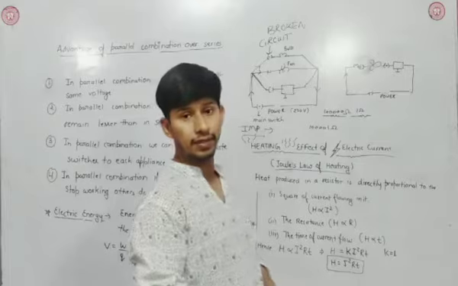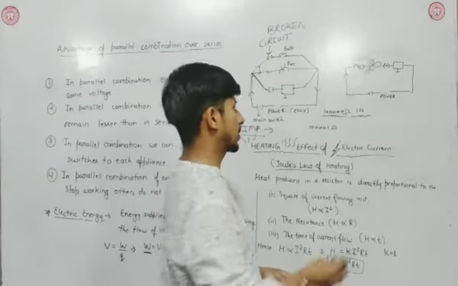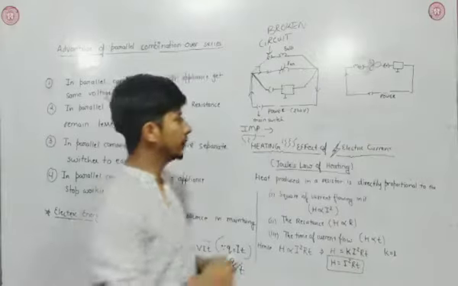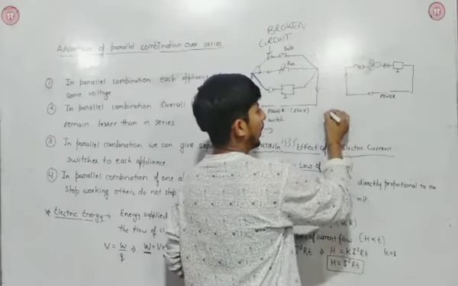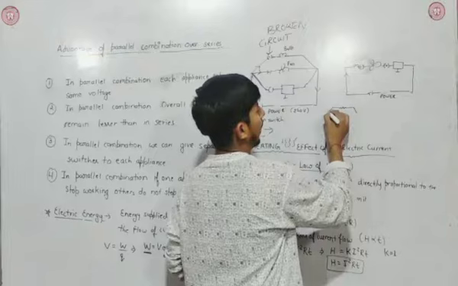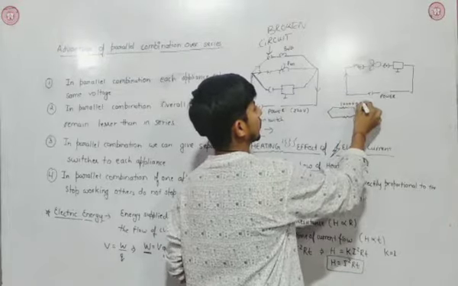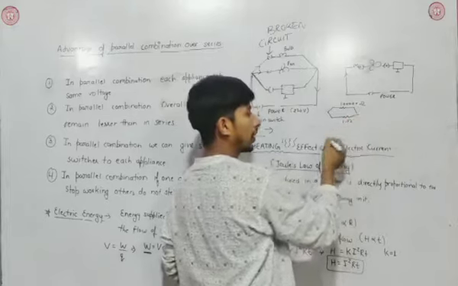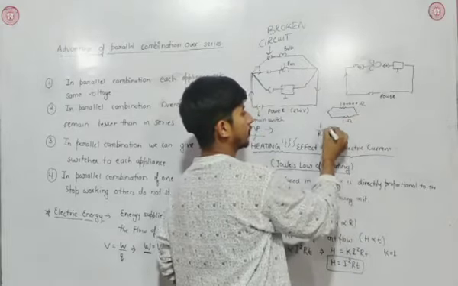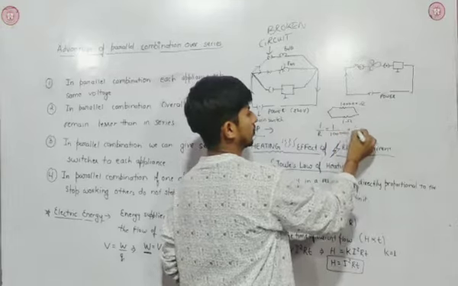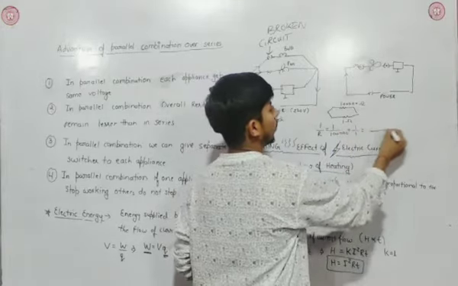But what happens when we connect them in parallel combination? Look here. 1 lakh ohm and 1 ohm connected in parallel combination. So the LCM will be 1 lakh.